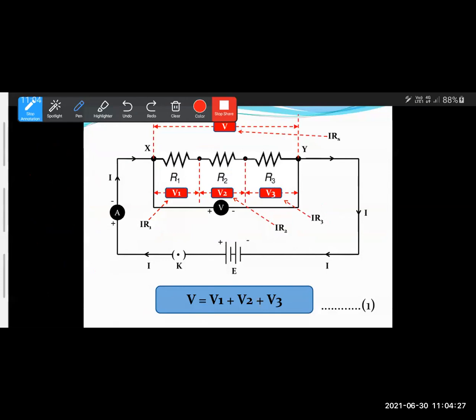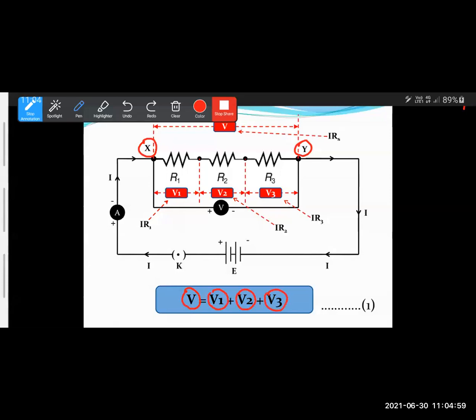Okay, then previously what we had discussed, the total voltage across all three resistors, means across the two points X and Y. As you can see in the diagram here, we have connected all three resistors R1, R2 and R3 between those two points X and Y, right? So the total voltage V will be equal to the sum of the individual voltages, that is V1 plus V2 plus V3.